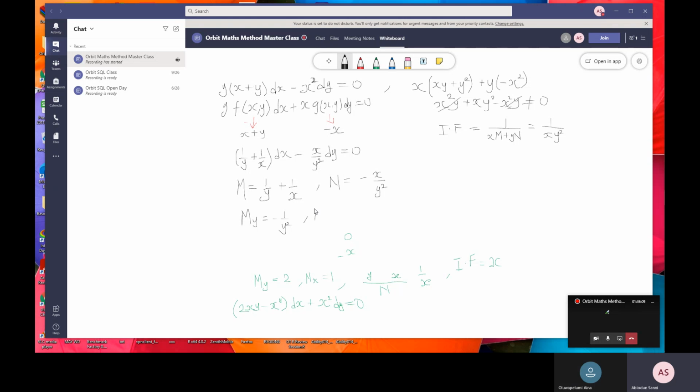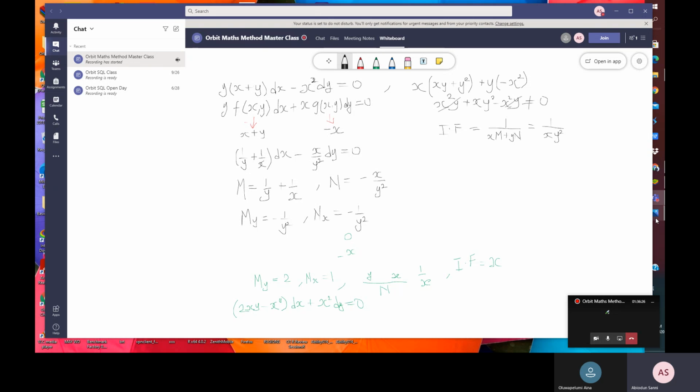Now let's differentiate n with respect to x. Y is a constant here, so I'm going to have minus 1 over y squared also. So you can see that the equation has been made exact using this integrating factor.